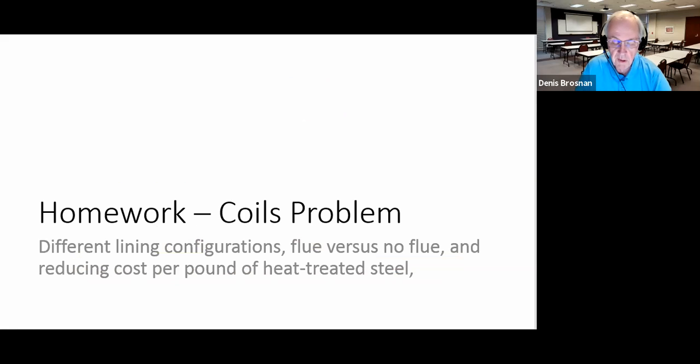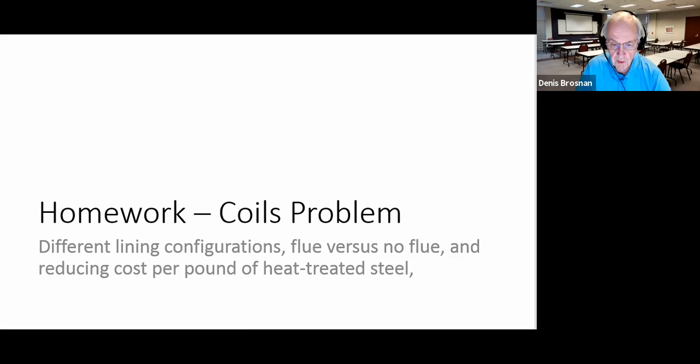As I told you last time, we were going to review the homework problem, the coils problem. And I hope you've had time to do this. I recommend that you do it on your own if you haven't, because in that situation, we get to work with the heat flow, E-solutions.